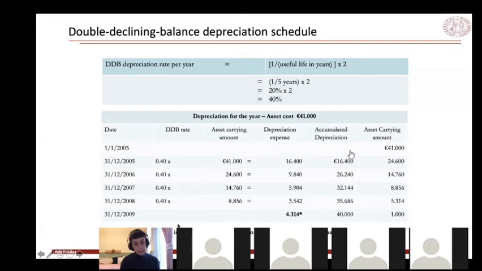The effect on the net income here, you might argue that it does not look so favorable to have a lower net income at the beginning. But you can think of one good reason why this could encourage investments on behalf of firms.